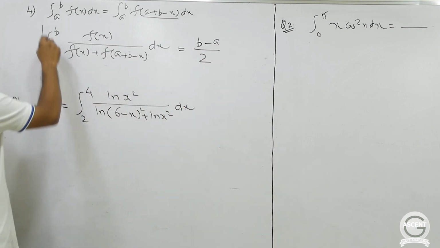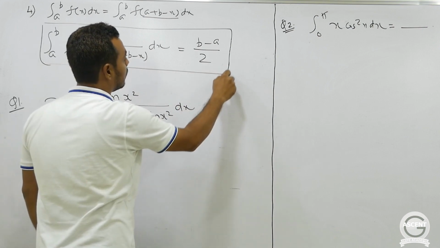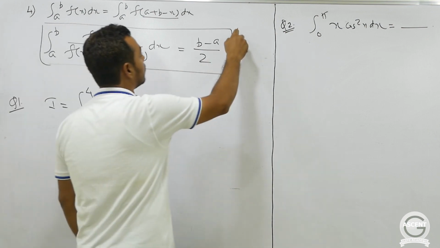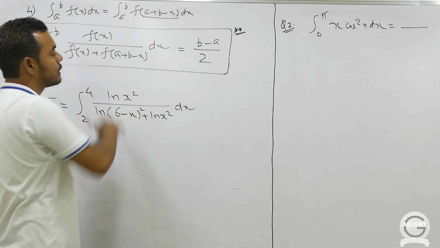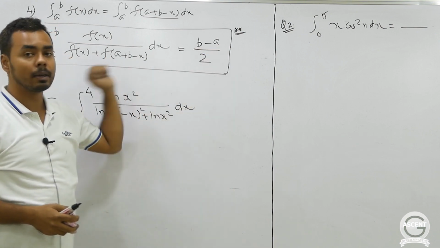You can derive this formula using the sequence of steps that we had used in solving our previous problem. So this is an important result based on the fourth property, and if you know it, you don't need to solve these types of problems. You can directly write that the answer will be (b minus a) by 2.